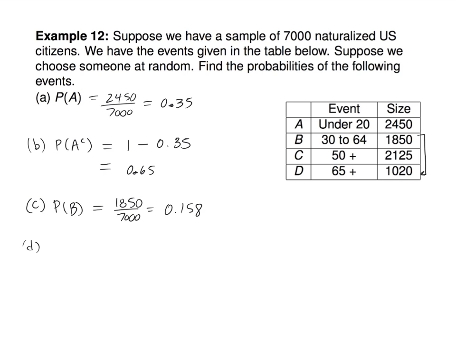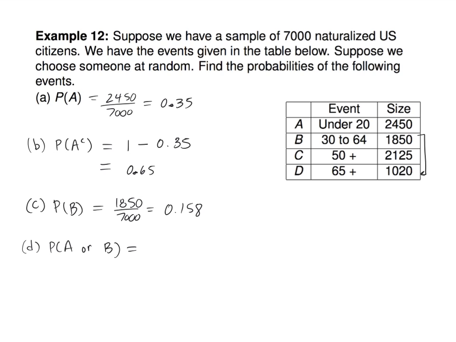Okay, and D, how about P of A or B? I meant to say or, because and would be probability 0, impossible. Are those events mutually exclusive? Is there any overlap between under 20 and 30 to 64? No, there isn't.